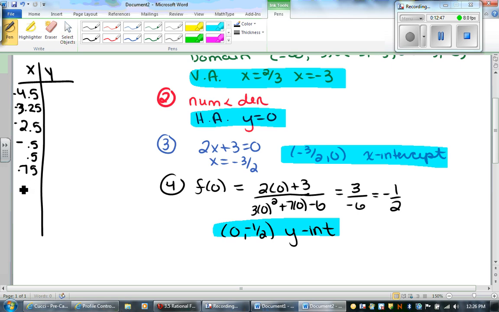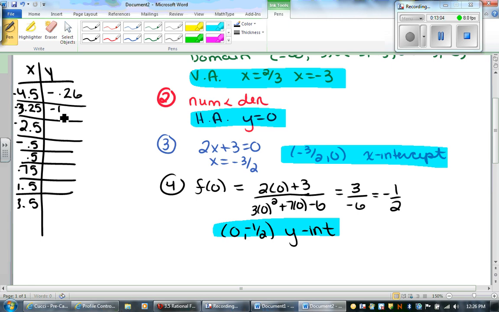I'm just kind of throwing together some values that I think might give me some nice shape around my asymptotes and my intercepts. And I can very quickly gather these just by looking at the table. I'm not asking you to reinvent the wheel here. Use the tools you're given.